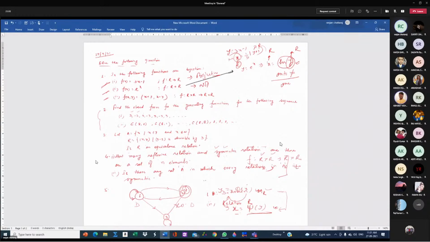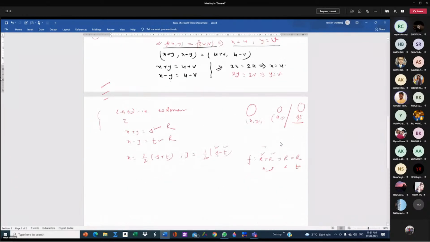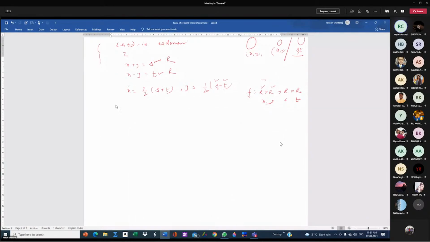Like you see here, suppose we have a0 plus a1 z plus a2 z square plus a3 z cube and so on.